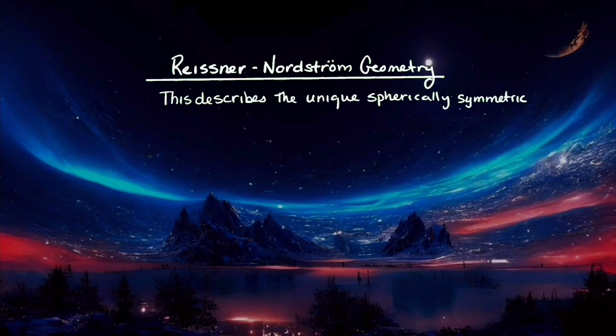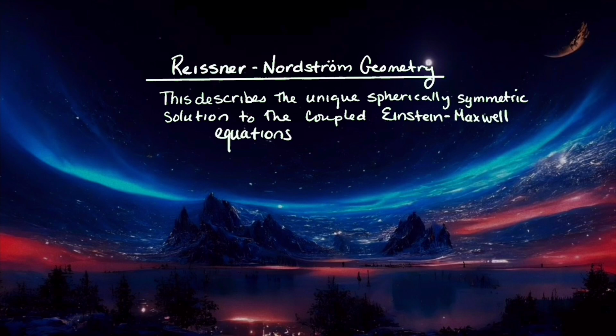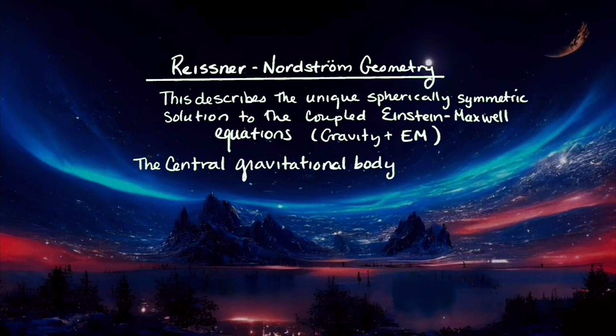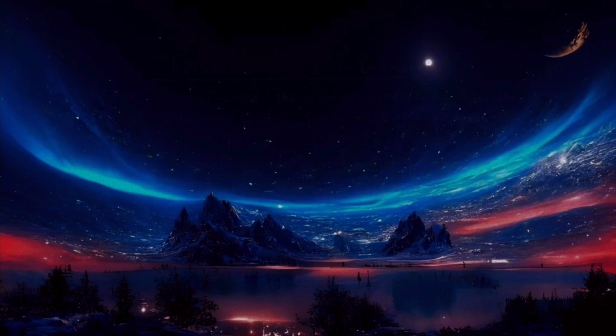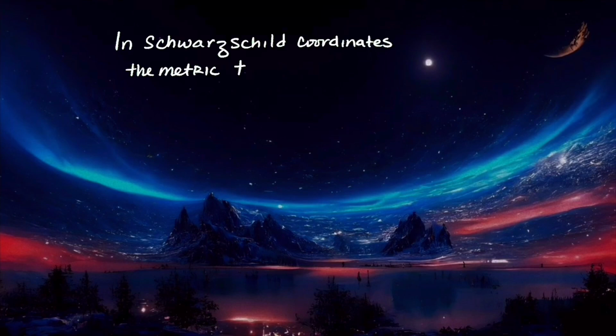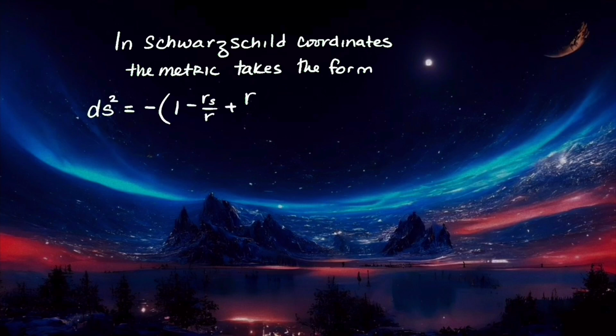This describes the unique spherically symmetric solution to the coupled Einstein-Maxwell equations, gravity plus electromagnetism. The central gravitational body possesses a mass, an electric charge, and we're going to consider a magnetic charge. In the Schwarzschild coordinate system, the metric takes the form ds squared equals.